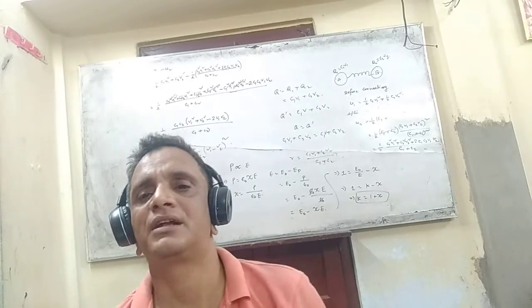This is the basic definition we have learned in class 6, 7, 8. Mathematically, it is I equal to dq by dt or q by t, where q is the charge and t is the time.